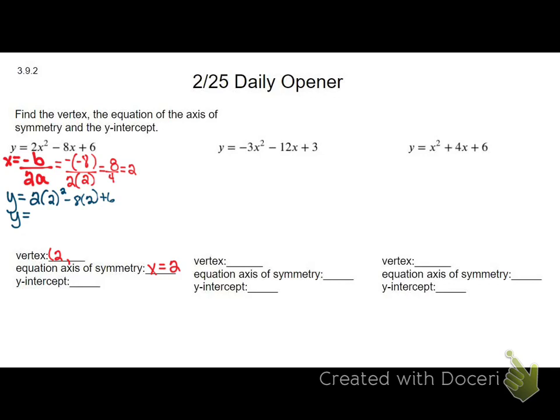Logan, what do I do first up here? Yeah. So what's 2 squared going to be?